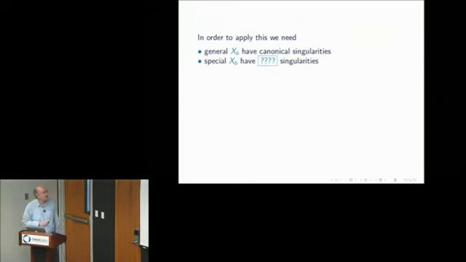And so how to make sure that the total space has canonical singularities? Well, not surprisingly, we need that the general fibers, they should have canonical singularities. But some special fibers, they might have some worse singularities.